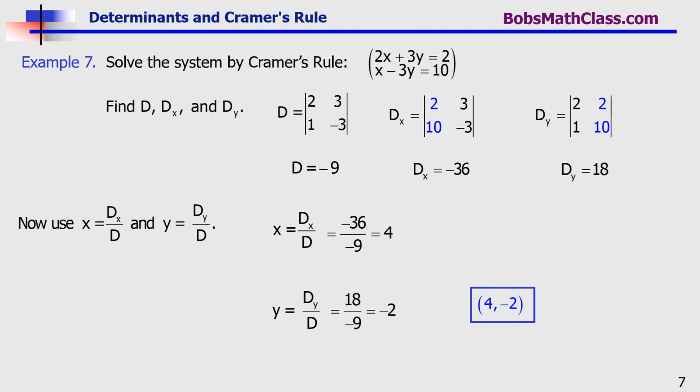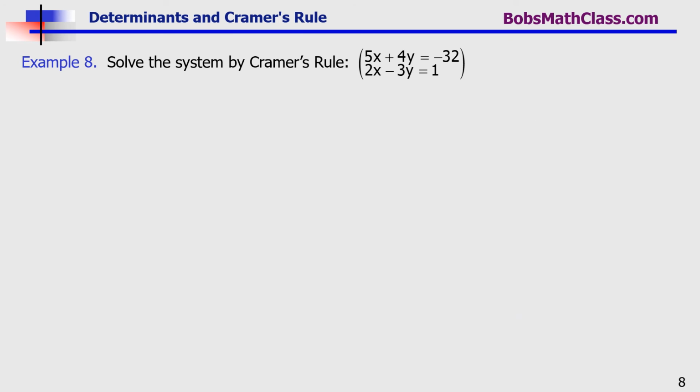All right, let's try another. Again, you should pause it and try to work it out. All right, so d is 5, 2, 4, negative 3. That's the x column and then the y column.